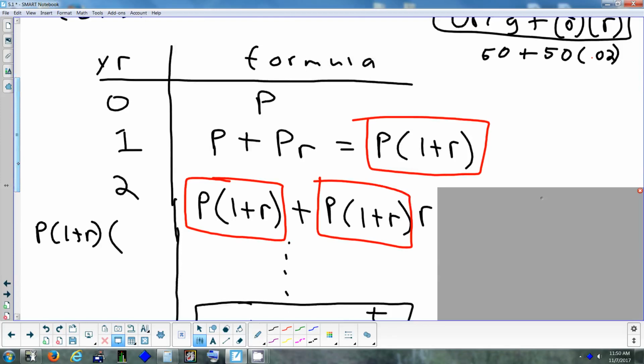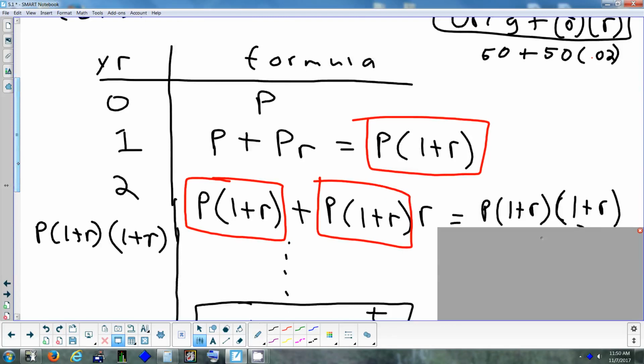In the first box, you factored out everything, so what's left there? A 1. In the second box, you still have something left that you didn't factor out: r. So P times 1 plus r times 1 plus r. How could we write that shorter?